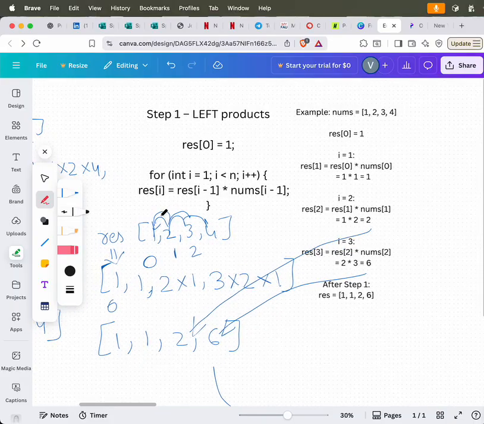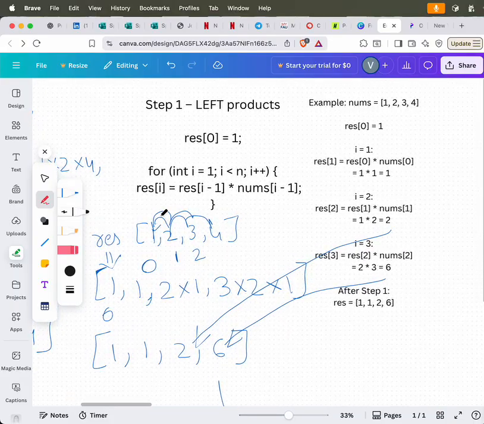So we only care about the left side of index. So we say res of 0 is equal to 1 because there is nothing to the left of index 0. So we use 1. Then we run res of I equals res of I minus 1 into nums of I minus 1.